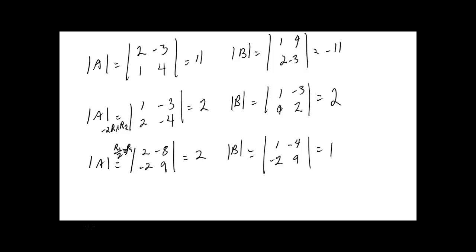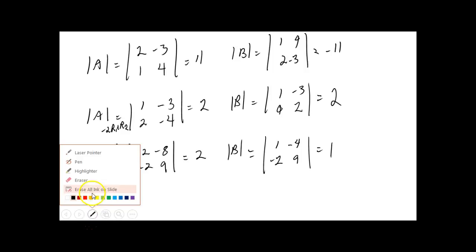This was a 1/2, so the determinant is multiplied by 1/2 as well. All right, so that leads to the following theorem. That was just illustrations of it. Here we'll actually state it as a theorem.